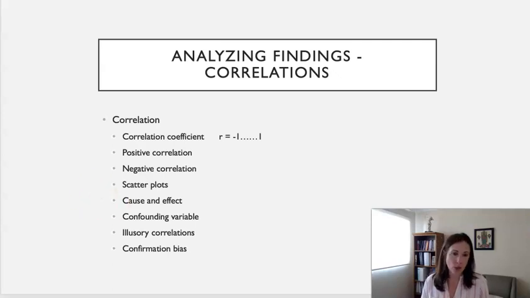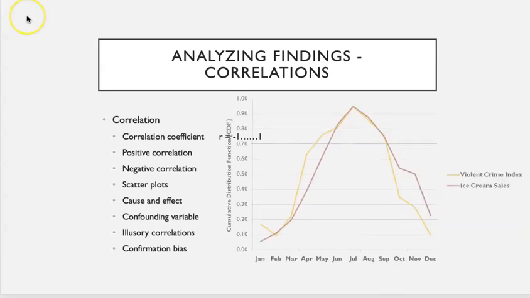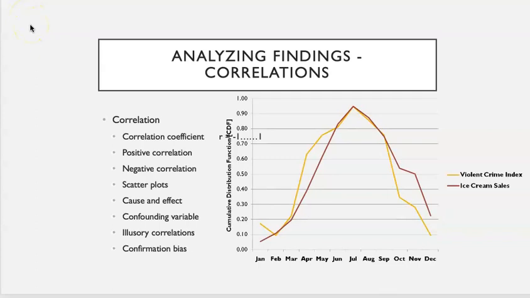So for example, a true correlation is, here, I'll show you a picture. This is the rate of violent crime in the US and how much ice cream is being sold. There is a correlation between ice cream sales and violent crime. This is a true correlation. This is legit data.